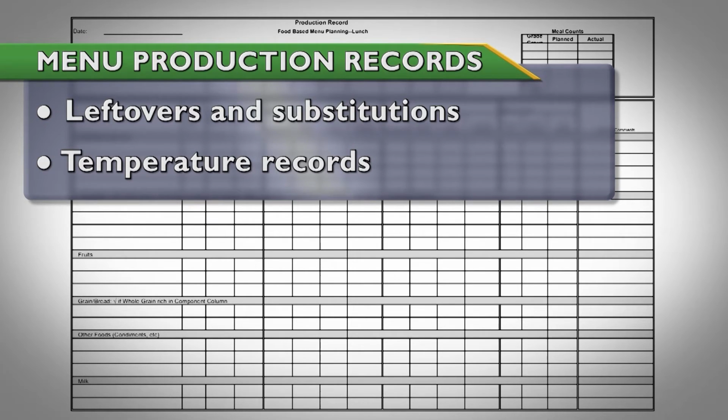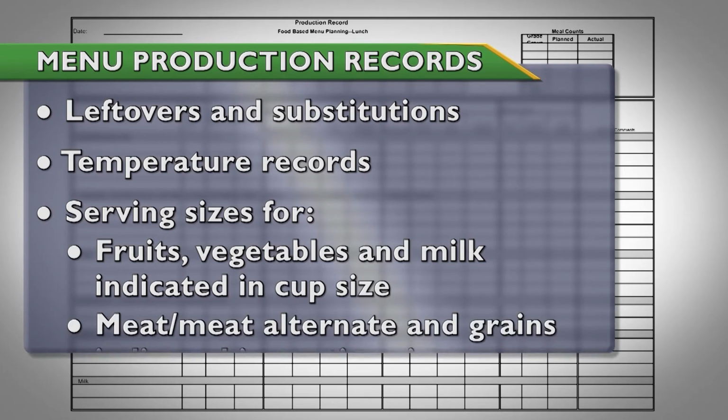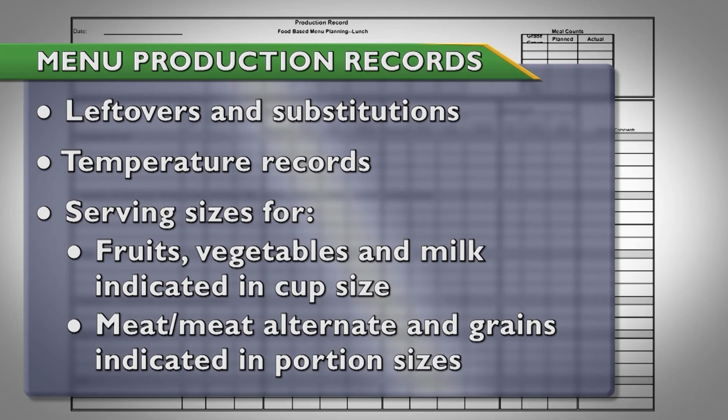Production records should also include serving sizes for fruits, vegetables, and milk indicated in cup size, meat, meat alternate, and grains indicated in portion sizes such as 1 chicken patty sandwich or 5 chicken nuggets.